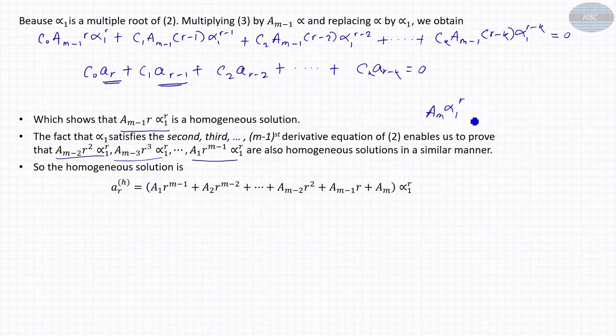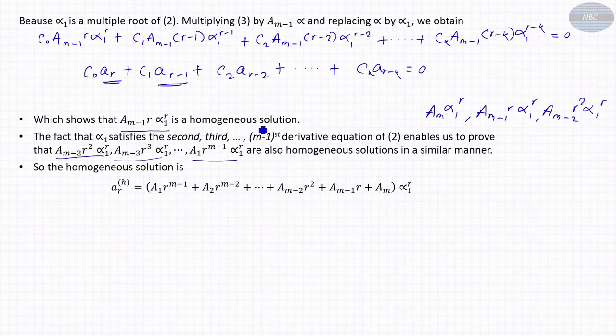That's the first solution we got, and the second solution we got here, a_{m-1} r alpha 1 to the power r. This is the second solution, and the third solution is a_{m-2} r square alpha 1 to the power r.